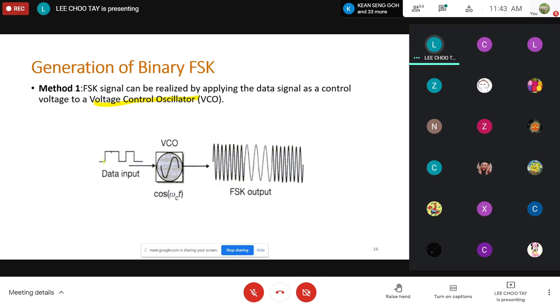When the amplitude is 0, then the VCO basically produces an output at the resting frequency, which is a lower frequency here. And then when the amplitude of the input signal is high, then this VCO output frequency will follow the amplitude, so the frequency will go high as well. So this is a direct generation of FSK using a VCO.